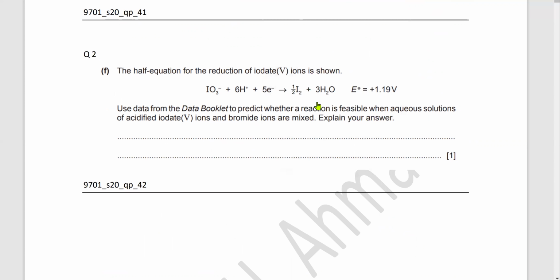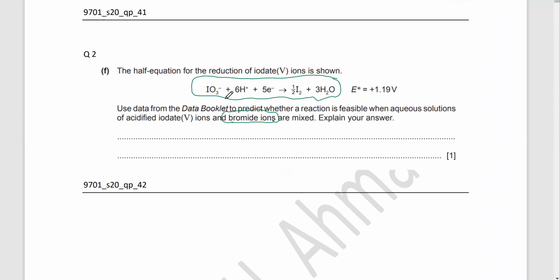So the next question is, the half equation for the reduction of iodate ions is given. They've given you this; use the data from the data booklet to predict whether the reaction is feasible when aqueous solutions of iodate ions and bromide ions are mixed. So here's this reaction, and he wants to find out the reaction with bromide ions.